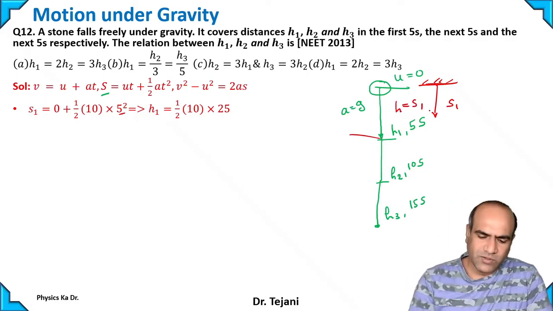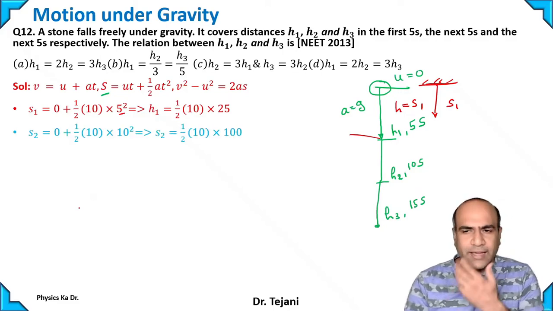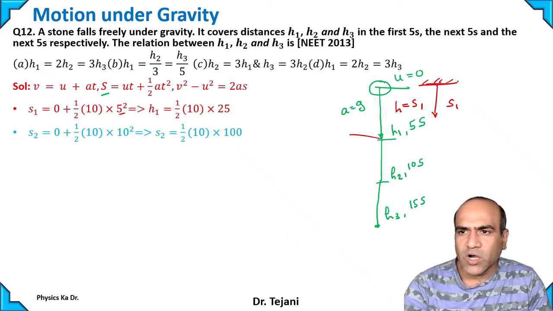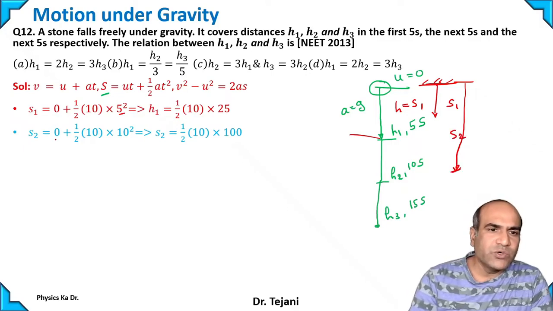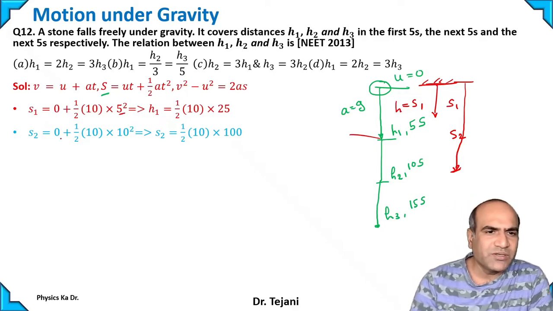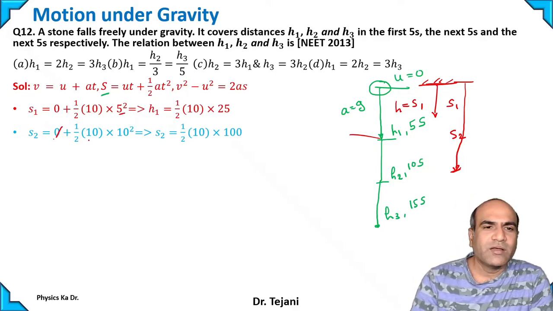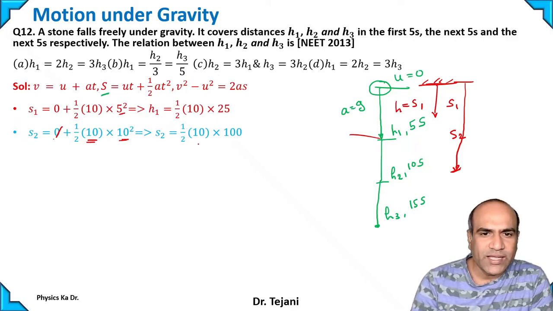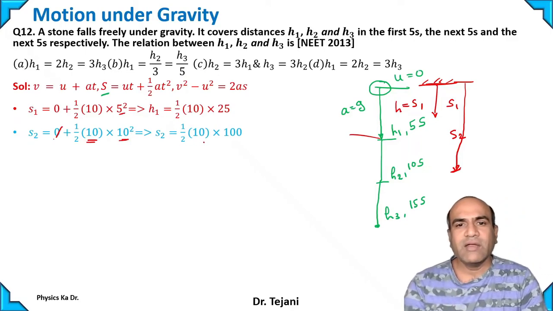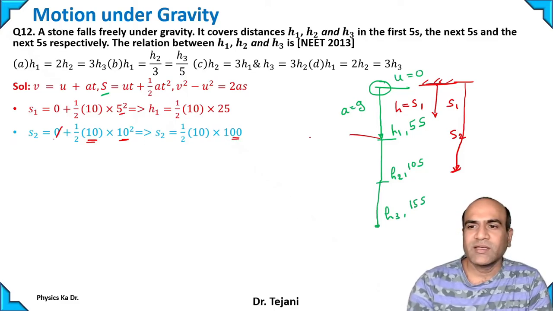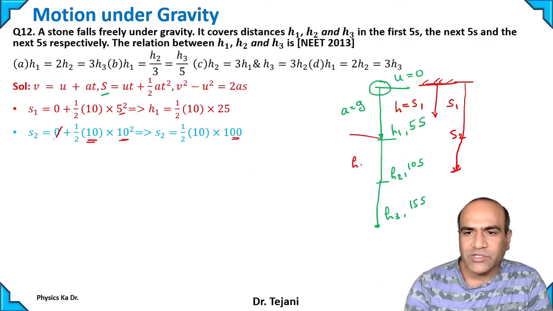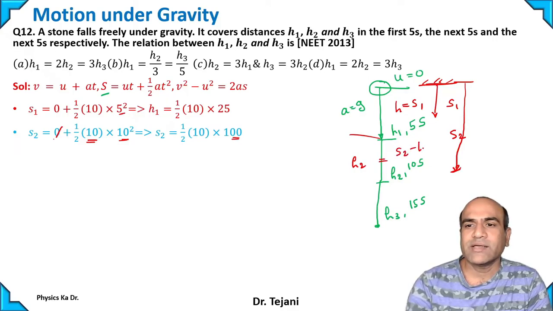Now let us find s2. It is the distance from the top. So s2 is equal to ut plus 1/2 g t squared, same equation. u is 0, g is 10, and time taken is 10 seconds. But we need h2, so h2 is equal to s2 minus h1.